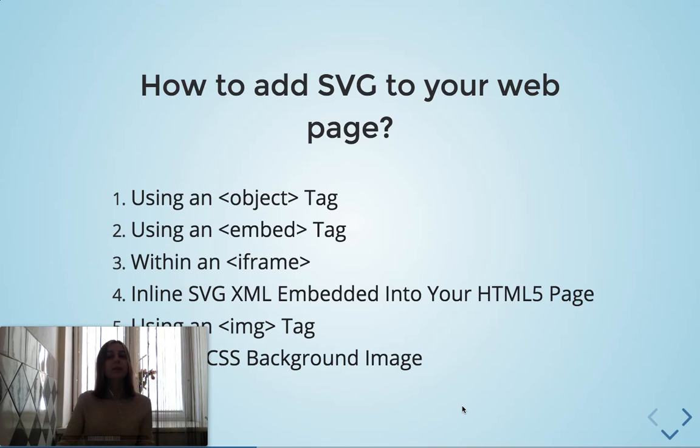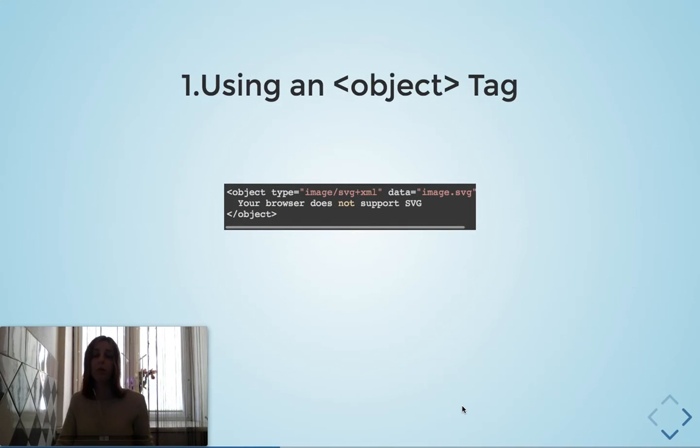How to add SVG to your web page. Look at the list of methods that I want to present to you. Okay, the first one is object. If you are introducing any advanced SVG features such as CSS and scripting, the HTML5 object tag is your best option.